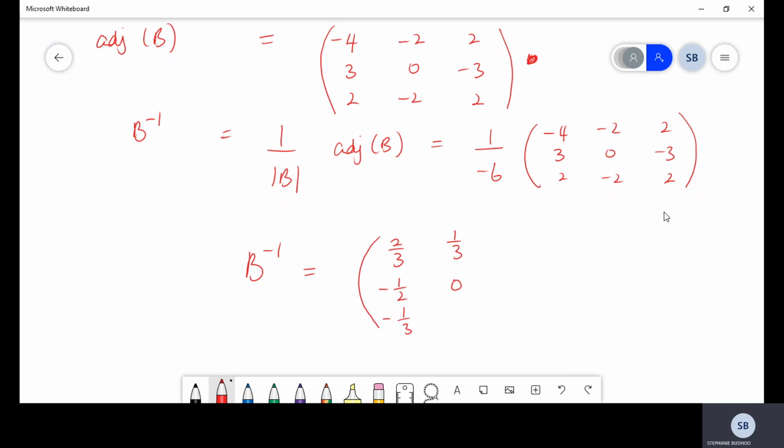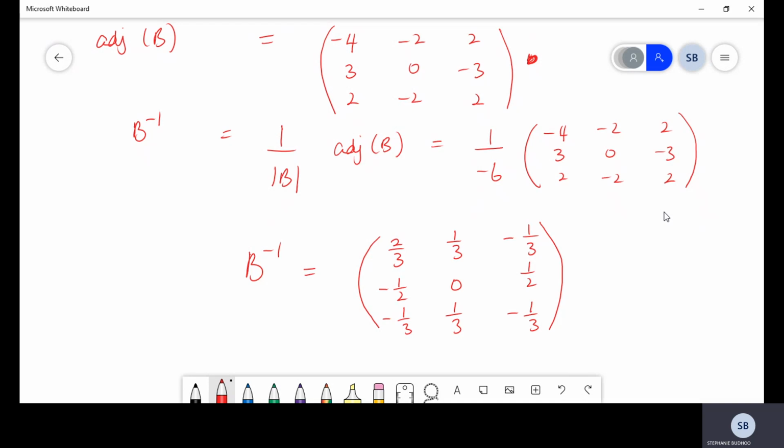You would also get 1/3. You would get -1/3 here. You would get 1/2, and then -1/3. And that's your final answer if you prefer to bring your constant in.